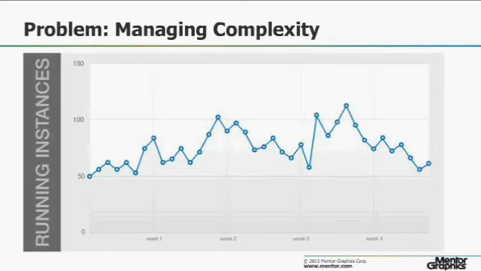So one of the things we noticed as we started to grow our infrastructure, as we started to add projects and properties, is that the number of running instances that we spin up on a monthly basis becomes pretty complex. So the question is, how much E is in EC2 that you're using? If you look at this line, it's easy to manage the stuff that you know about that's stable, that's always on.